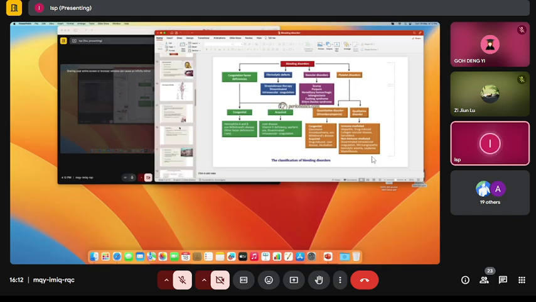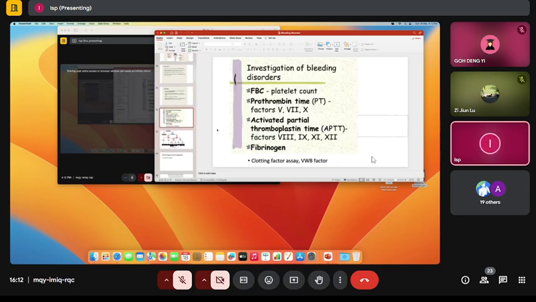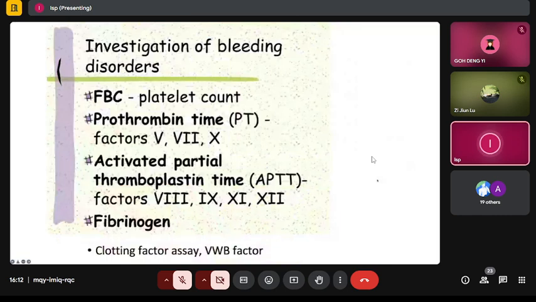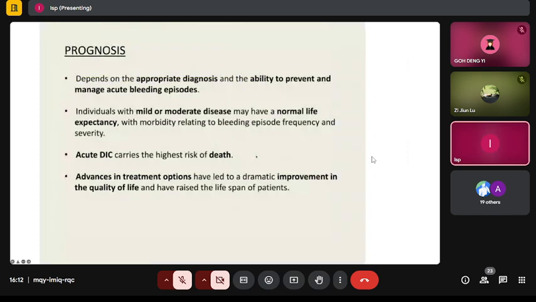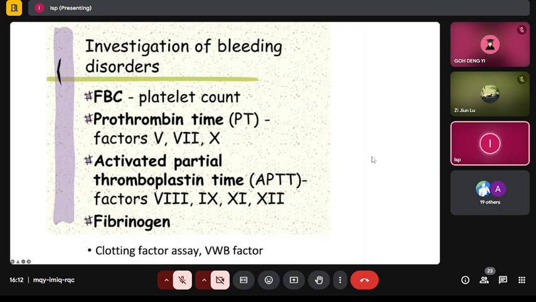Okay, so now let's go to how we investigate coagulation disorders. There are only two tests you can send in your basic setting, which are your full blood count, where you're particularly interested in the platelet number, and the coagulation profile, where you will see prothrombin time, your PT, activated partial thromboplastin time, your APTT, and INR.